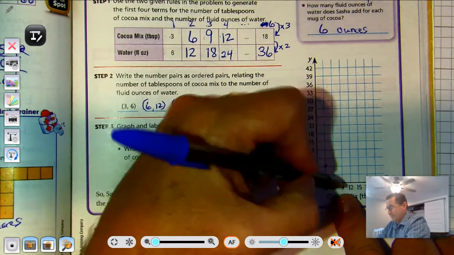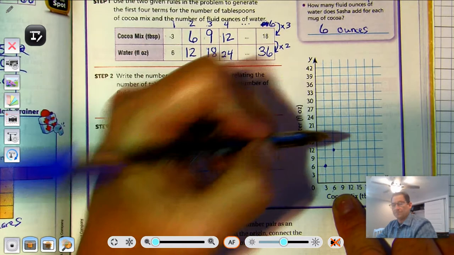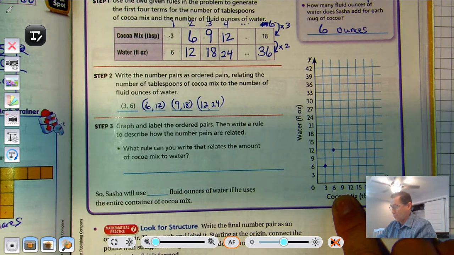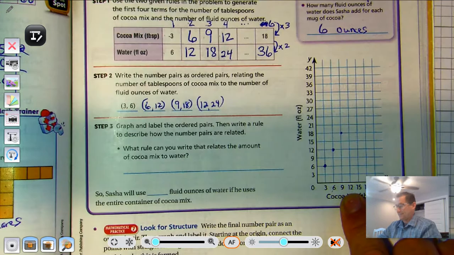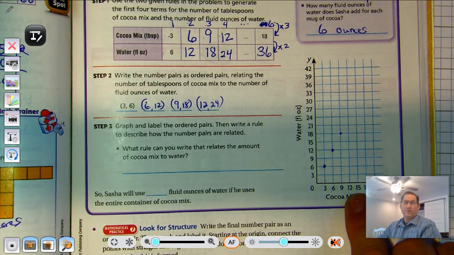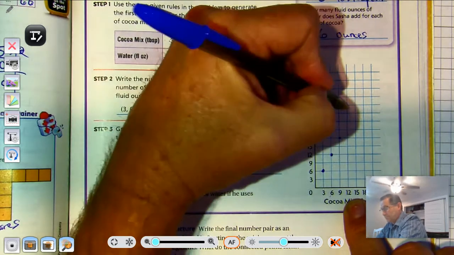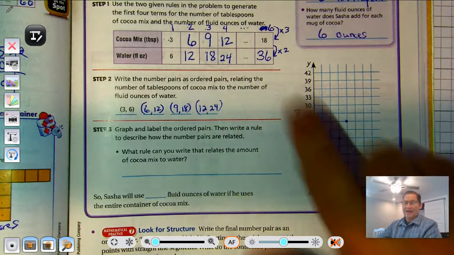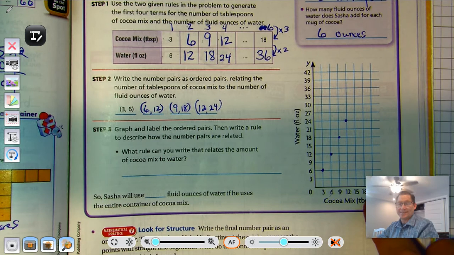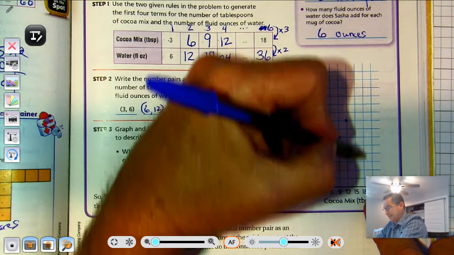Over 6, up 12. Over 9, up 18. Over 12, up 24. And then the last one we have in our table is over 18 and up 36.